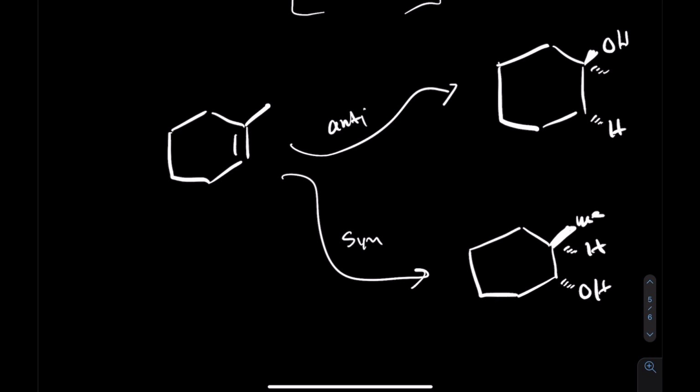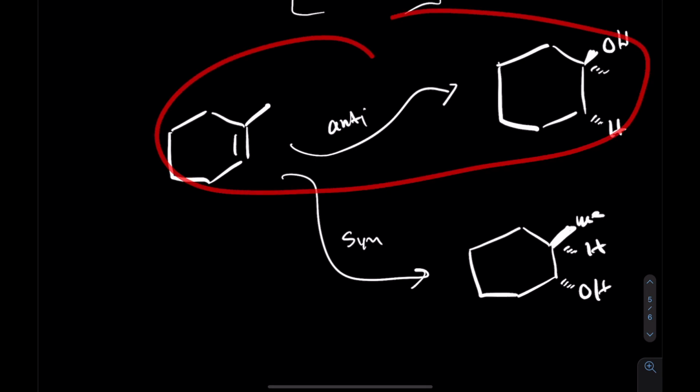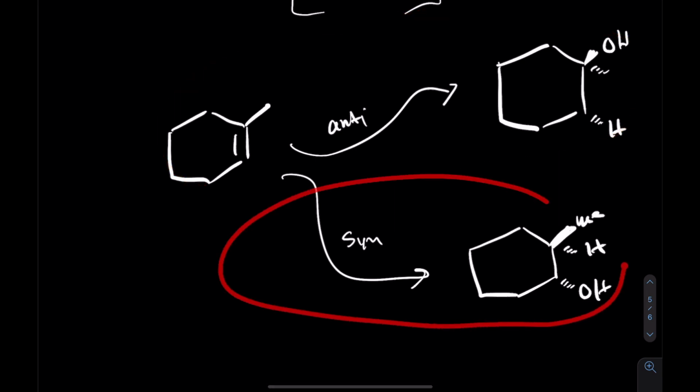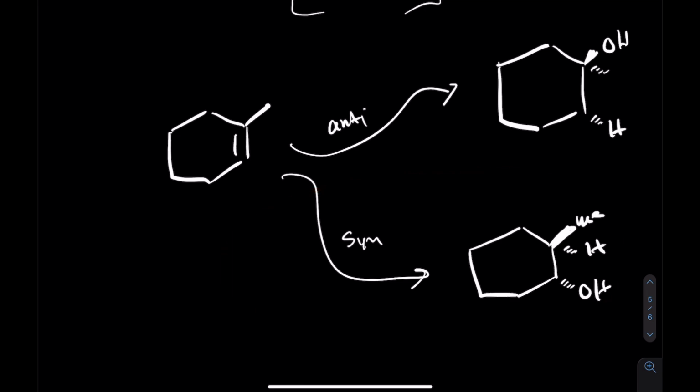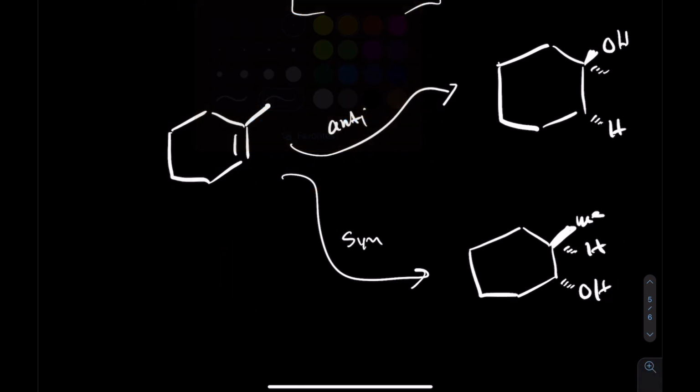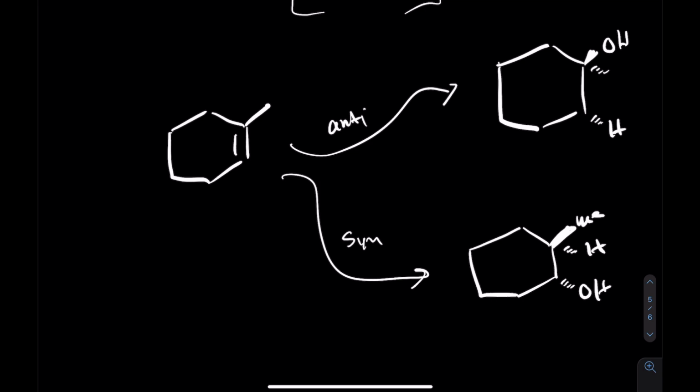These two methods are very different. One is a Markovnikov process, and one is the anti-Markovnikov process. Do you remember what the reagents were to get there? On the top, you threw in an oxymercuration in water, followed by removal with sodium borohydride.